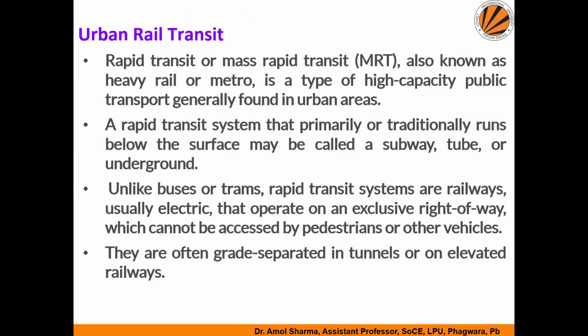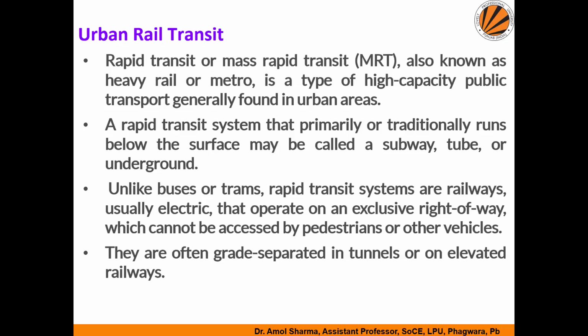Urban rail transit, also known as mass rapid transit or heavy rail, or in general terms metro train, is a type of high capacity public transport generally found in urbanized areas. That means a metro also runs inside a city only. It does not serve intercity travel. That means it generally takes people from one place to another inside the city.